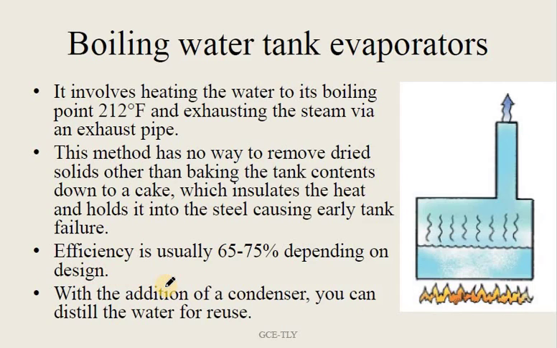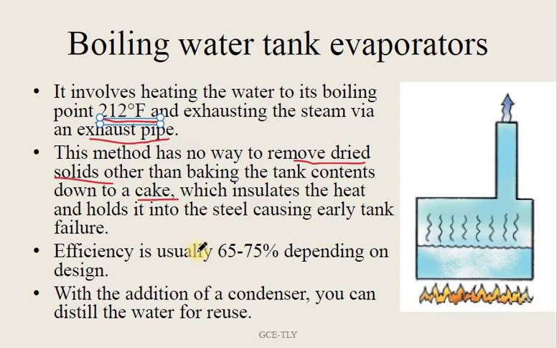Next, boiling water tank evaporators. So here it involves heating the water to its boiling point, which is about 212 degrees Fahrenheit, and exhausting the steam via an exhaust pipe. Here there is no way for removing the dried solids other than baking the tank contents down to cake.